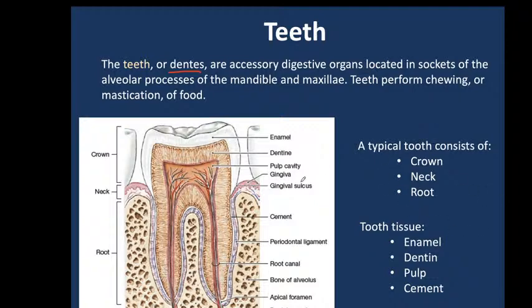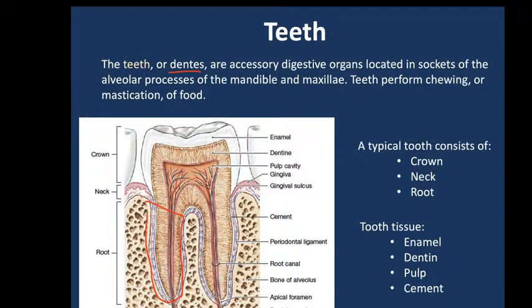The typical tooth consists of three parts: the root, usually one root, or it would be from 1 to 3 roots in one tooth, and all of the roots are embedded in each socket.